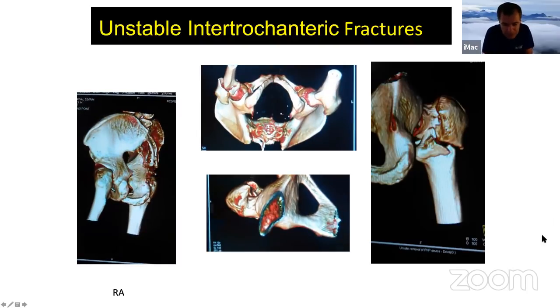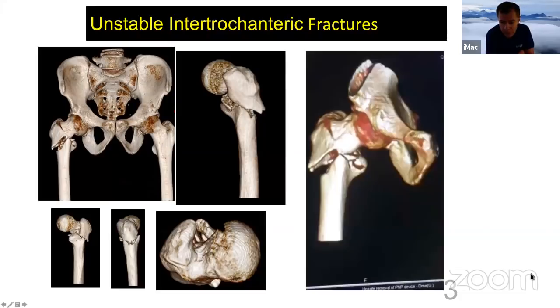I think this is a very nice fracture. We see more and more reverse obliquity nowadays. In my opinion, this is one of the best and clearest indications for closed reduction and fixation with the IM nail, the one that you are used to using. For this type of fracture, the reverse obliquity, I tend to use the long nail with a single head element for fixation, and I do this on a fracture table.